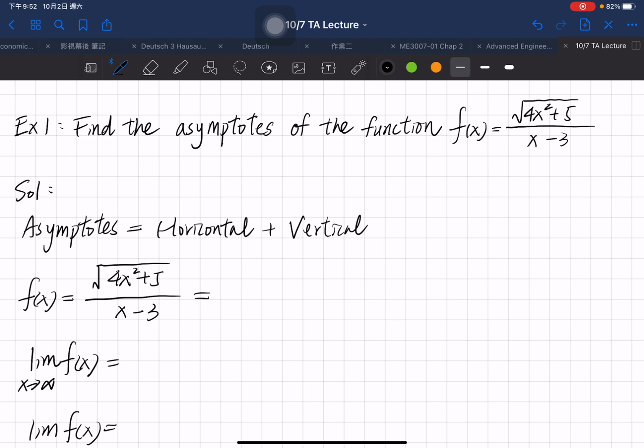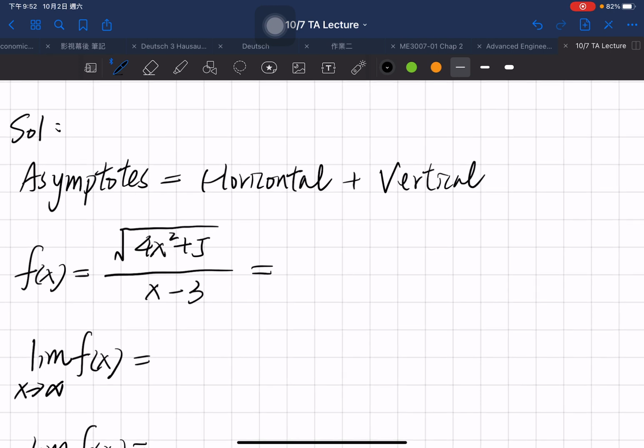Okay, so we look at the function. f of x equals the square root of 4x squared plus 5, over x minus 3. What we want to do first is take x out, because we want to make the numerator and denominator have the same power of x.